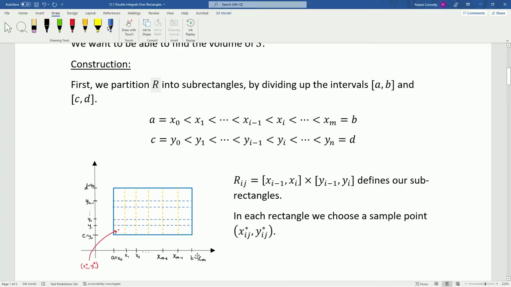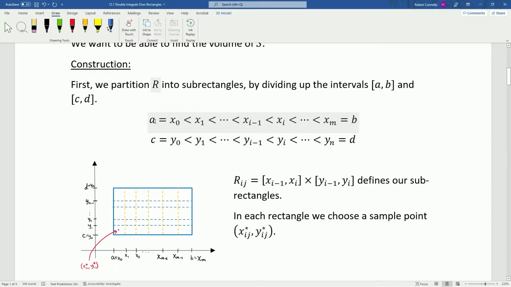So on your x-axis, you take from A to B, cut it up into a bunch of pieces, and you get these long rectangles here. And then you cut up your interval on your y-axis from C to D. Each of these individual rectangles is what we call a subrectangle.